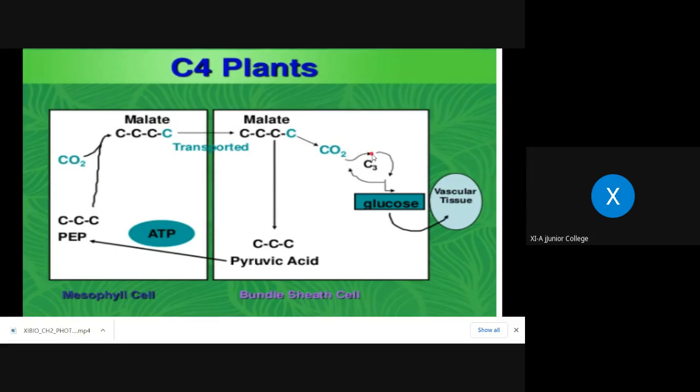The regeneration of RuBP takes place, where again CO2 is accepted, which is released by malate. So in this C4 pathway, what is observed in the C4 pathway?